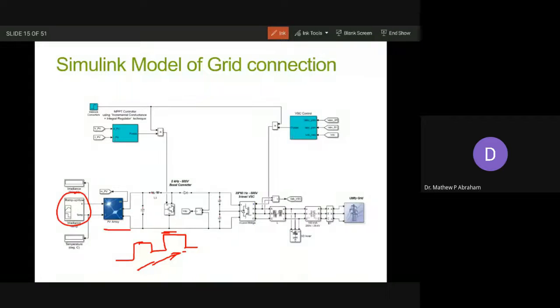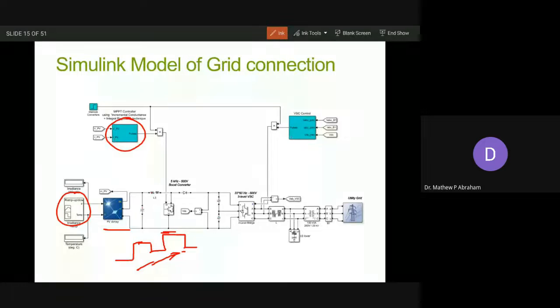So this block is the one for the MPPT algorithm. It takes measurements from the cell, voltages and currents, and it provides the pulses for the boost converter for MPPT operation.